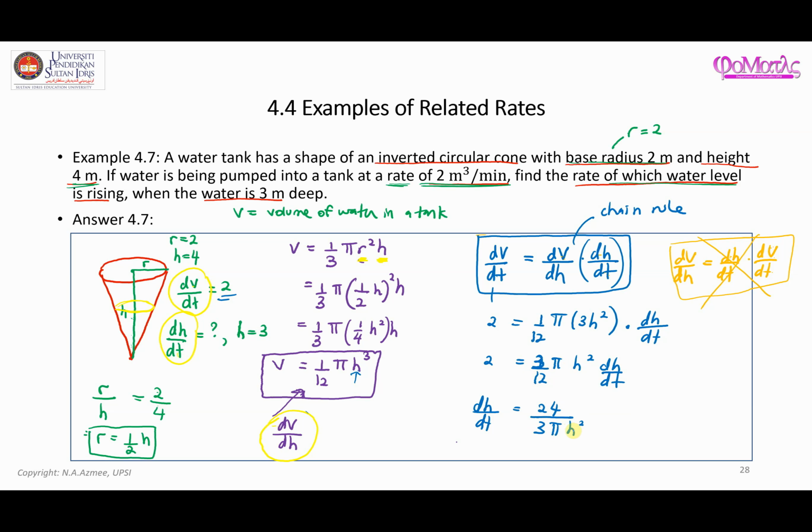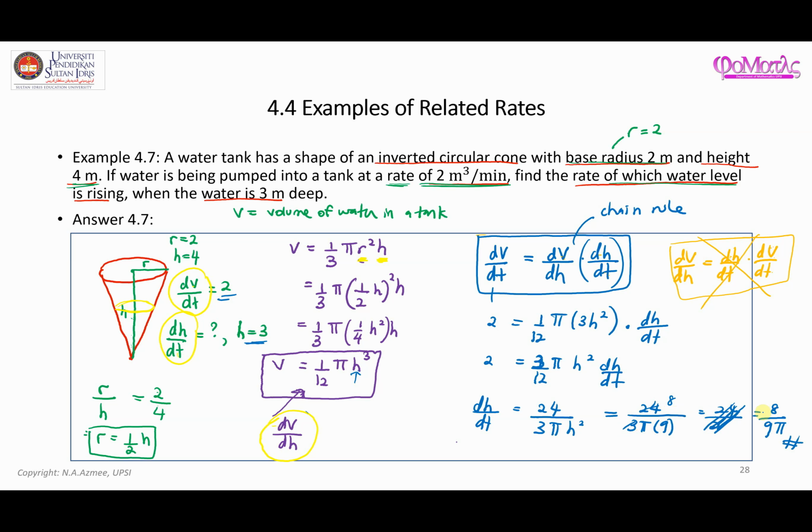And what is h? H at this time is equal to 3, so we can substitute that. So you will get 24 over 3 pi times 9. 24 divided by 3 will be 8. This will be cancelled, so you will get 8/9 pi. Okay, so that's the answer.